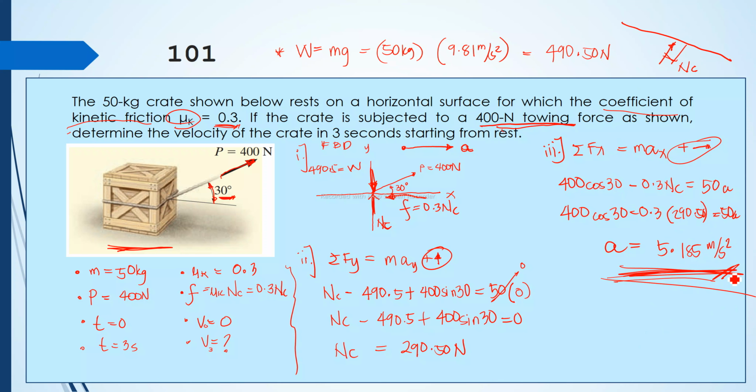Next, we will find the velocity after 3 seconds. We have an acceleration here. Since the force P is constant, the forces are constant, therefore the acceleration is also constant. So we can now use the kinematic equation in this problem.